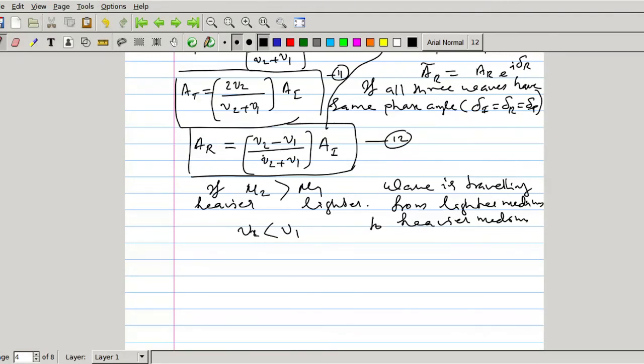But in the case of the reflected wave, if V2 less than V1, this term becomes negative. That means the reflected wave and incident wave are out of phase.